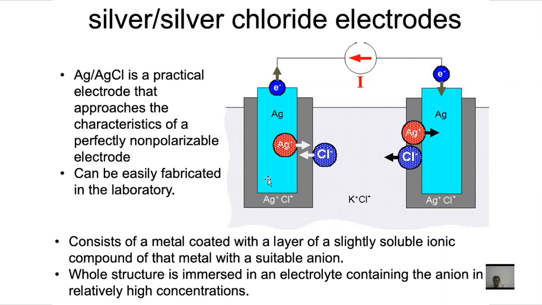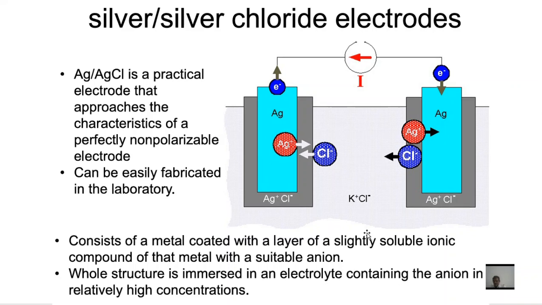One electrode is connected to positive and another electrode to negative potential, so that K plus moves towards the electrode given negative potential, and chloride minus moves towards the electrode given positive potential, so that the chloride will be deposited on the silver rod. So it is the AgCl electrode.